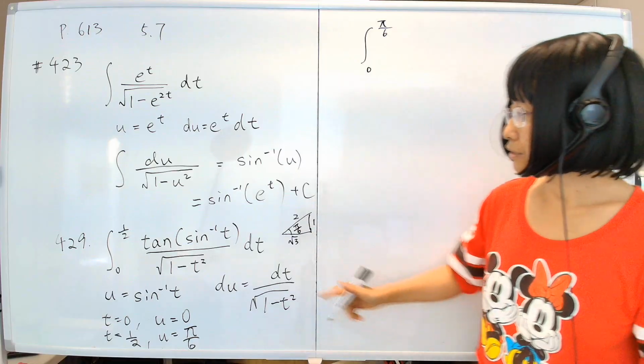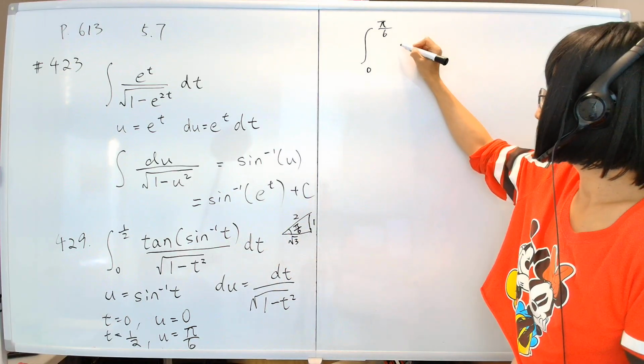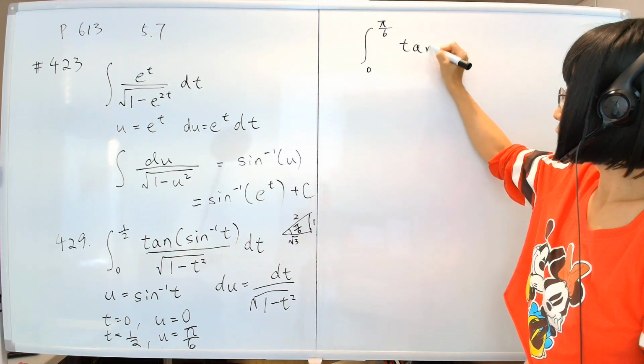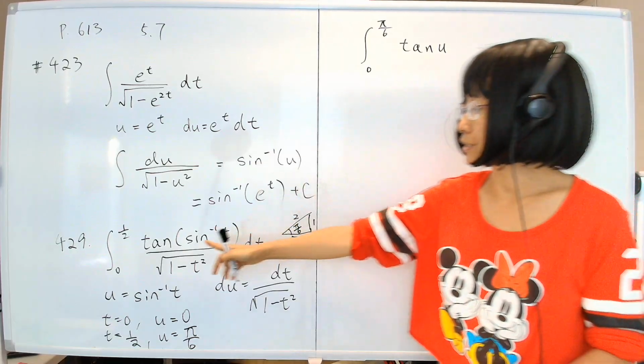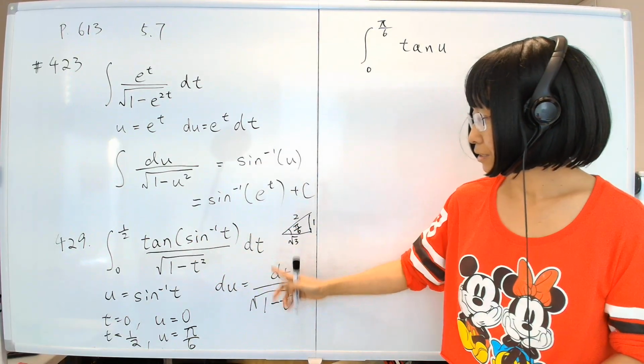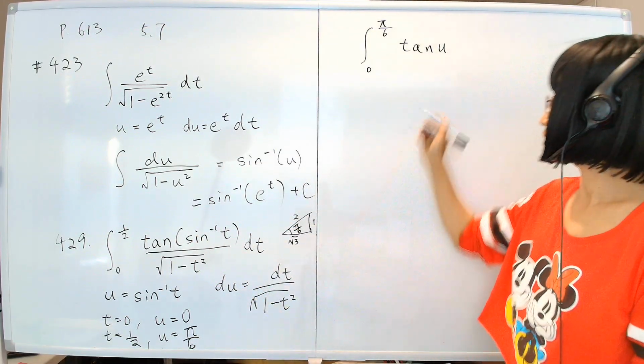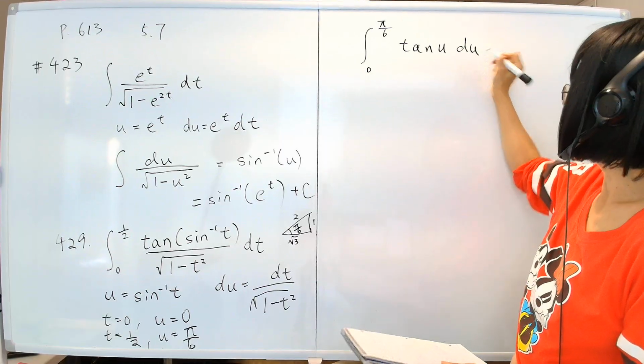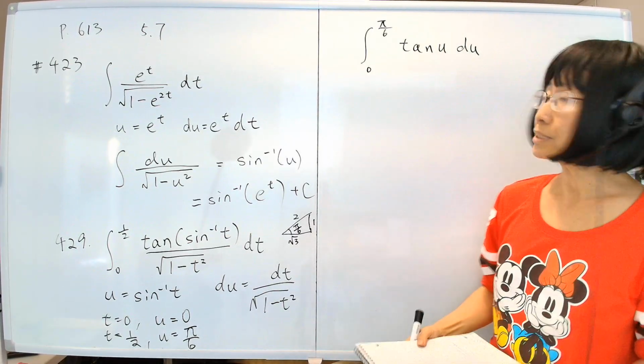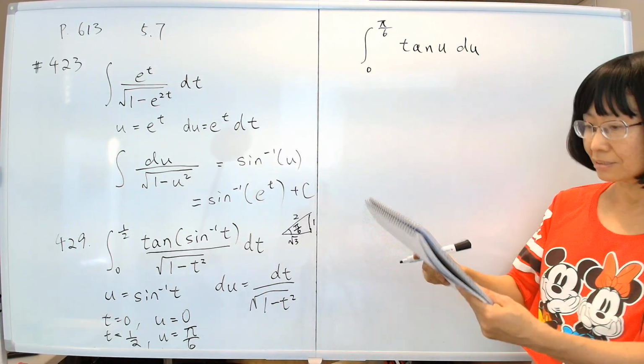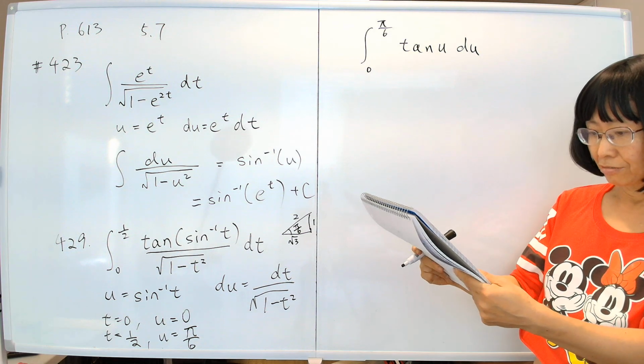And then this is tangent u, which takes care of tangent of sine inverse, and then du is all the rest of it. So just tangent u du, and as long as we integrate tangent u du, we should be fine.